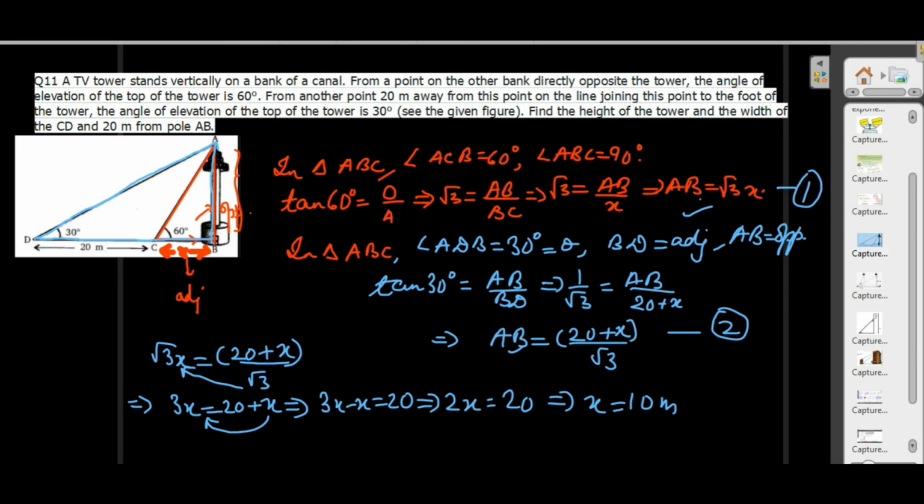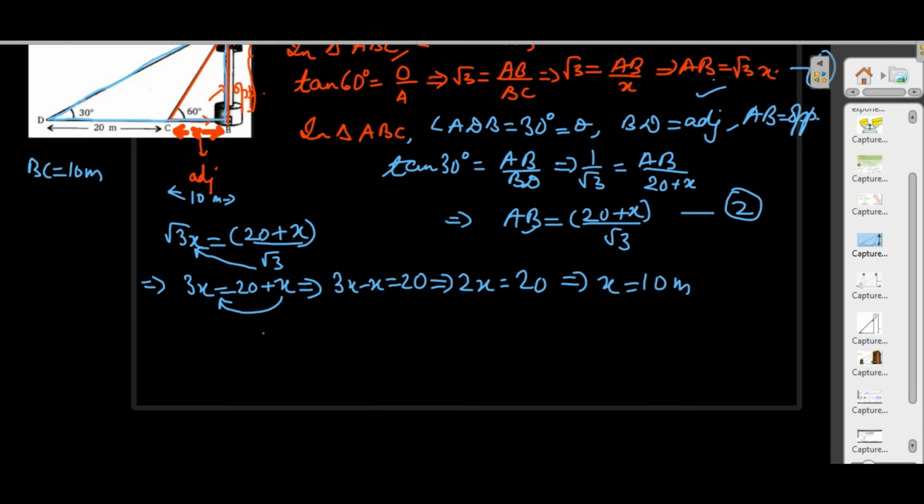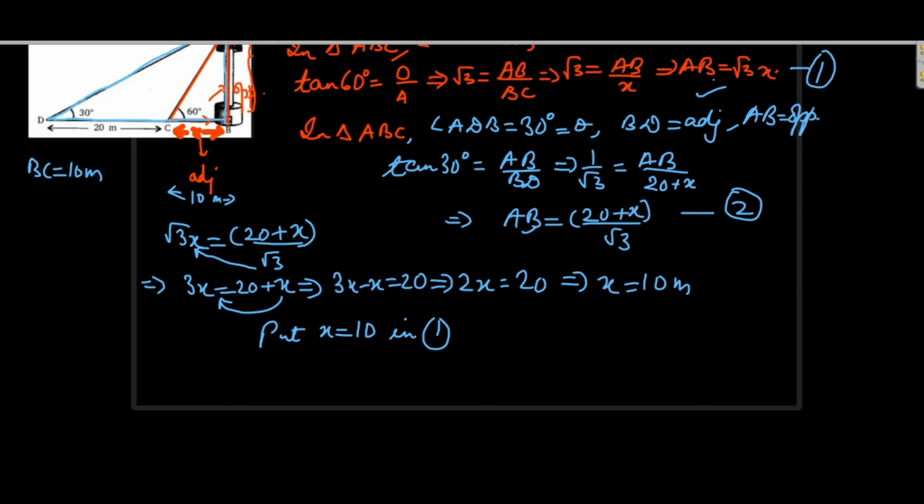This implies x is equal to 10 meter, right? So we have found the value of x. That means BC is equal to 10 meter. Now once you know BC, you can easily find AB. Put x is equal to 10 in equation 1. This was the equation AB is equal to root 3x.